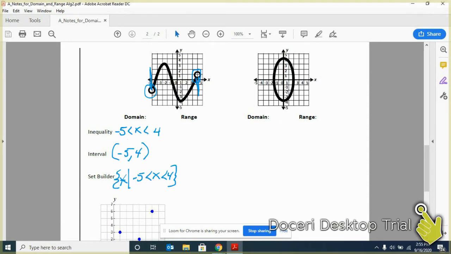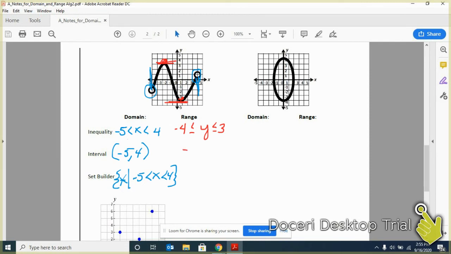My range, now this one's a little tricky. It goes from here to here. So it goes from -4 to 3. And again, y's. Now, because this is technically a solid circle, there's not an open circle, it'll be equal to both of those guys. Okay.